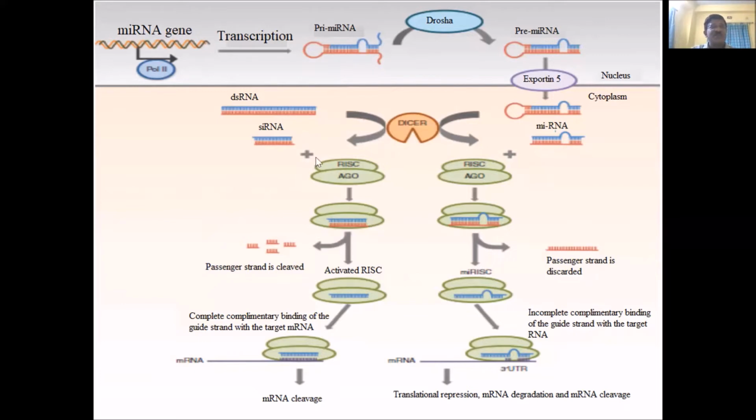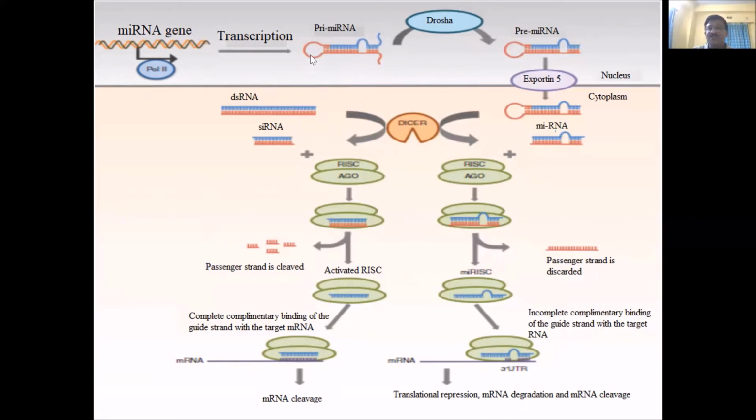Now, microRNA genes are naturally coded by RNA polymerase II enzymes, and they are processed inside the nucleus, in contrast to the small interfering RNA molecules, which are found in the cytoplasm generally.